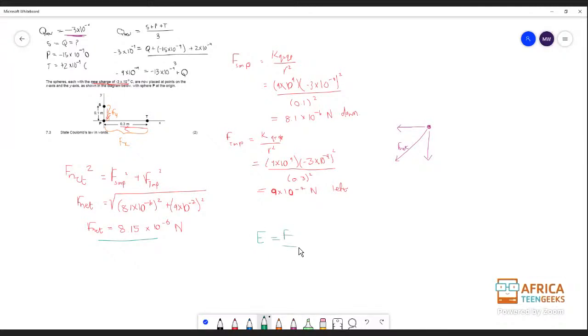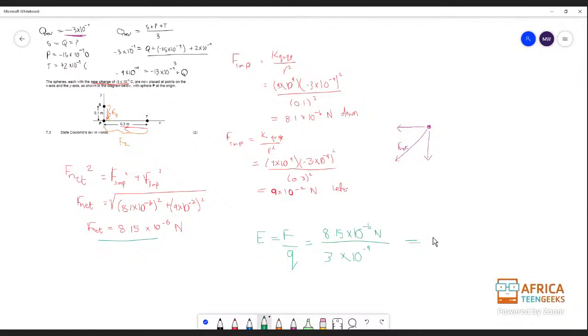Okay. And so we're going to use this force over here and use the formula electric field is equal to force divided by point charge. Our point charge in this case is P. So we're going to use this 8.15 × 10 to the -6 newtons. And we are going to divide it by P's charge, which is this -3 × 10 to the -9, and you don't need to put the negative in there because the negative is just indicating where it's moving, and we've already figured that.